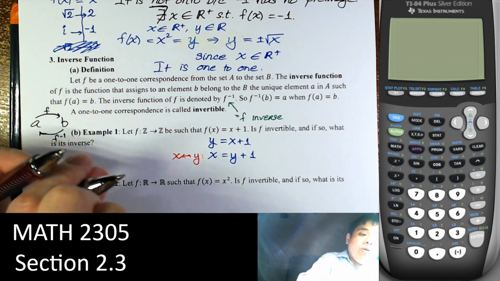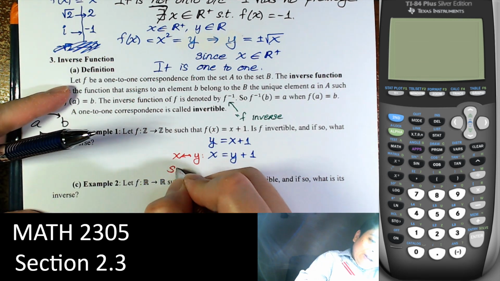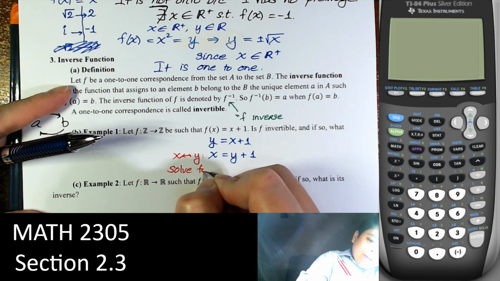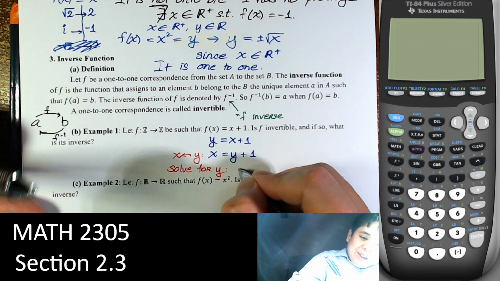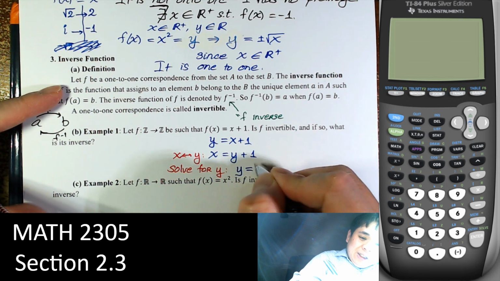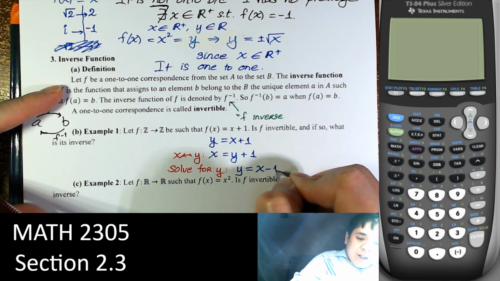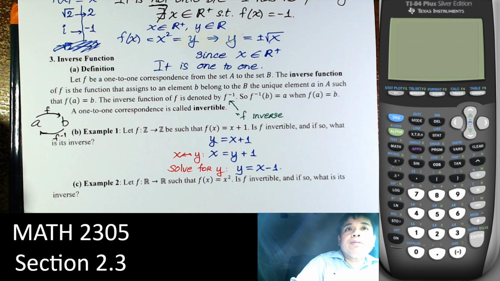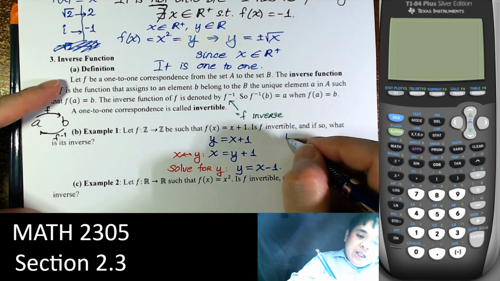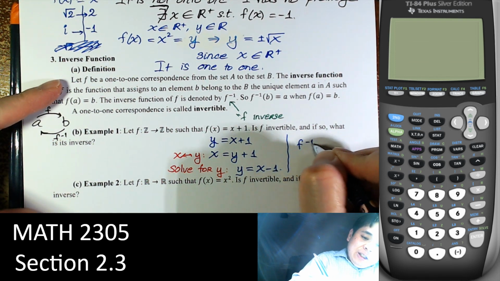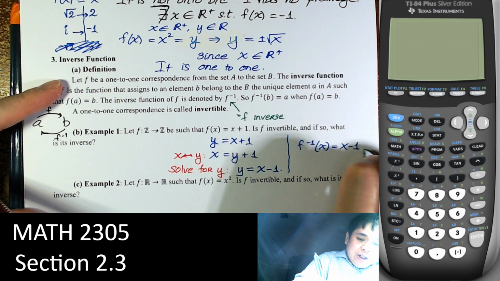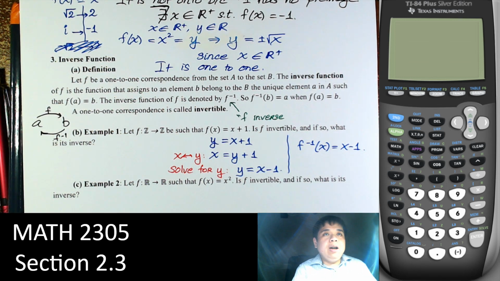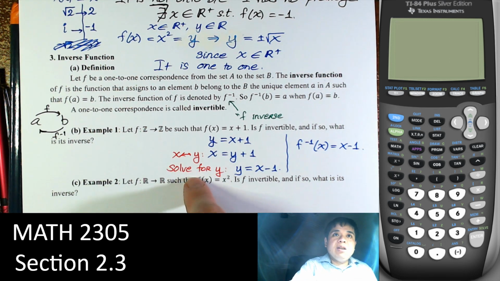And now we just solve for y. So x minus 1. We said the inverse is going to be equal to x minus 1.